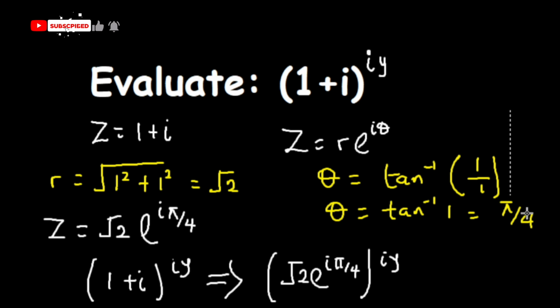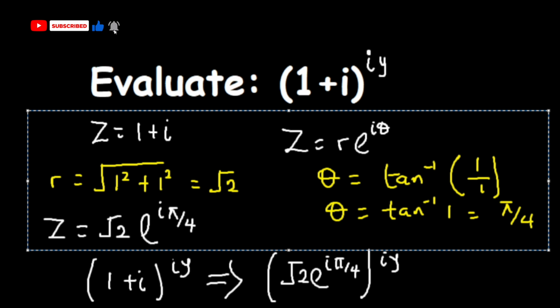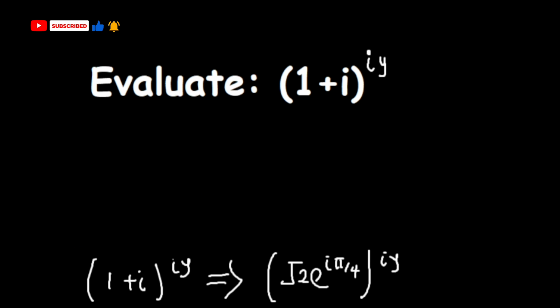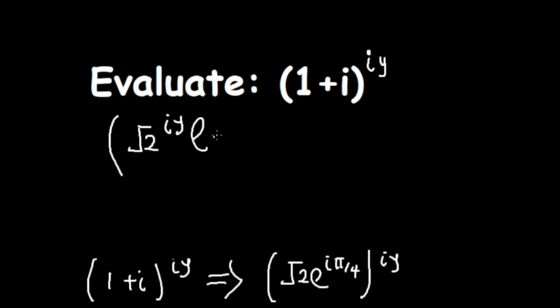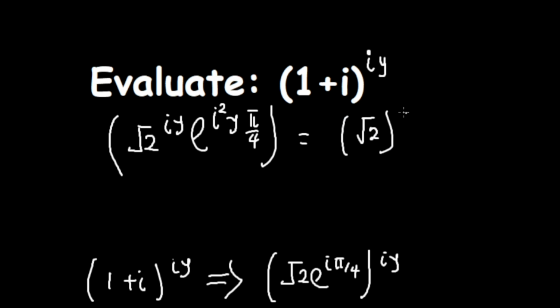So if I want to open the bracket with the whole power, root 2 will be to the power of i y, and e to the power of i squared y pi over 4, right? So this is the same thing as writing root 2 to the iy, then e to the power of minus pi over 4 y, right?